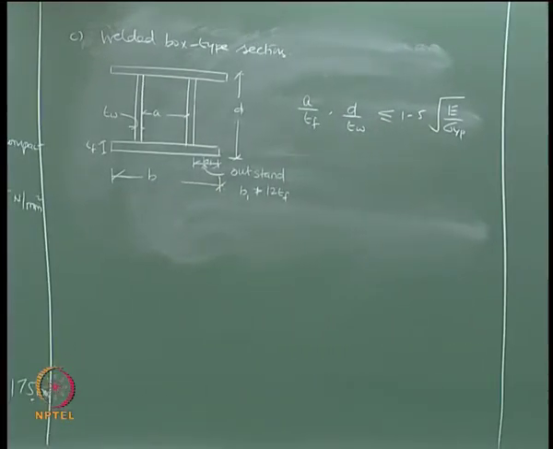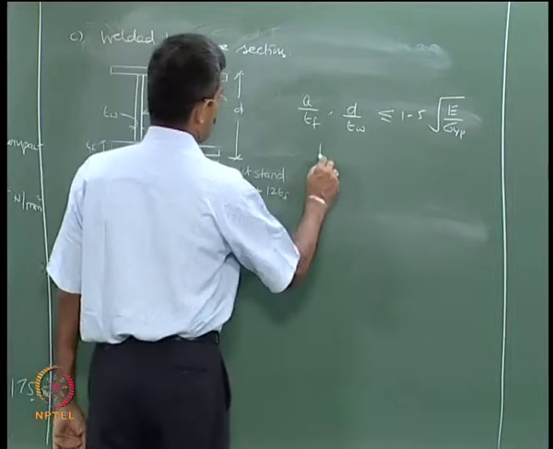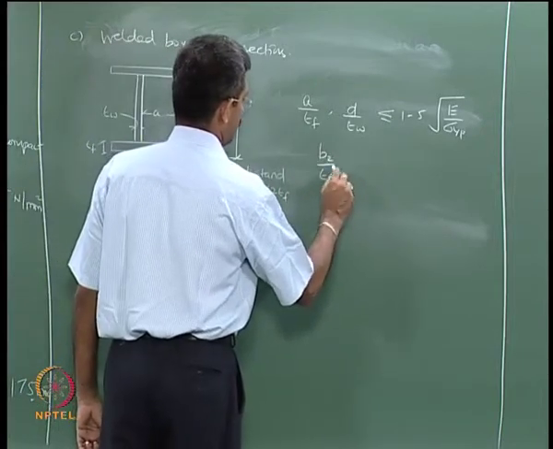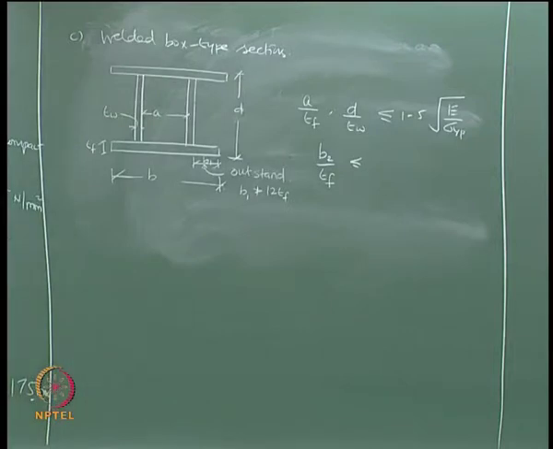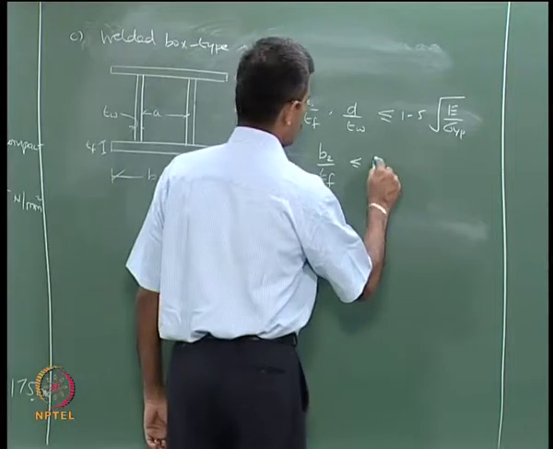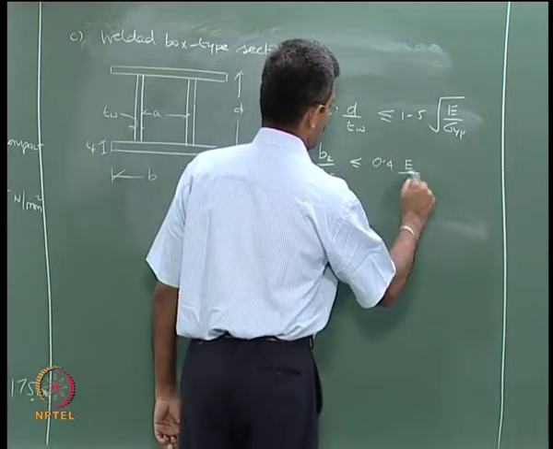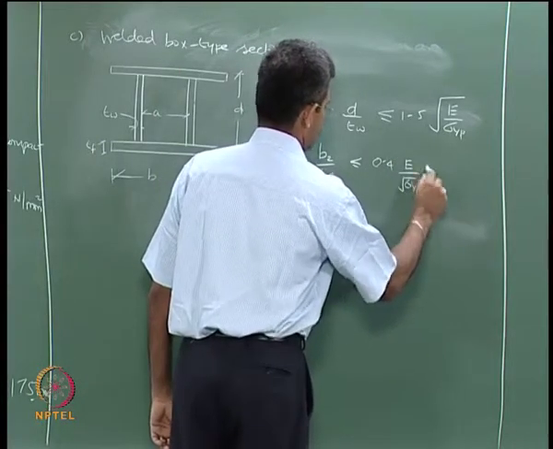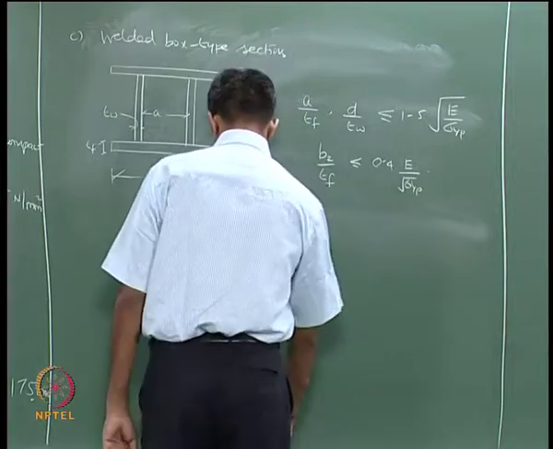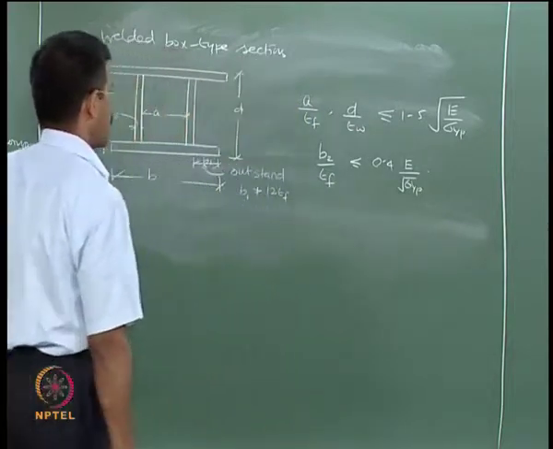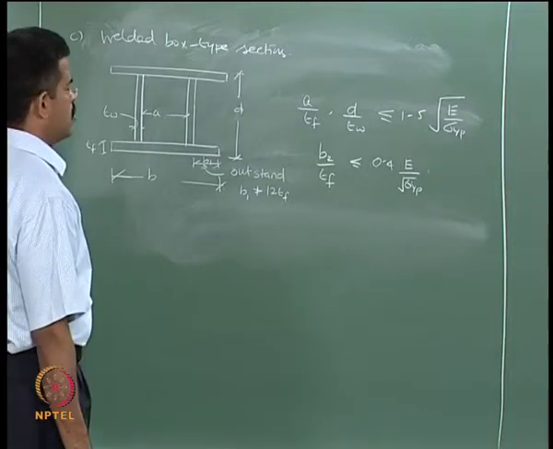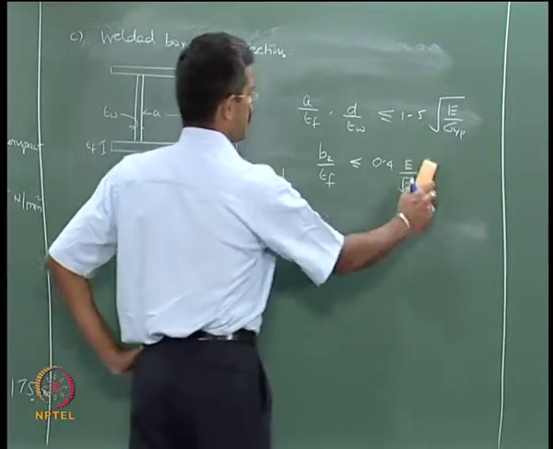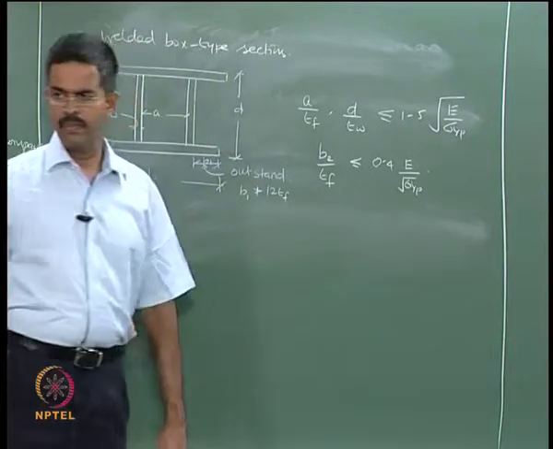If we talk about the outstand, B2 by Tf should be less than or equal to 0.4 of root of E by sigma yp. I am not sure, I will check whether this is the whole root or only the root of sigma yp.